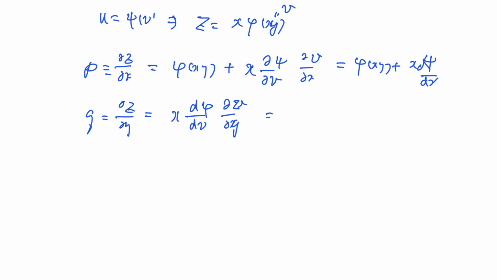So that is x squared dpsi dv, which is equal to psi of v plus v dpsi dv.